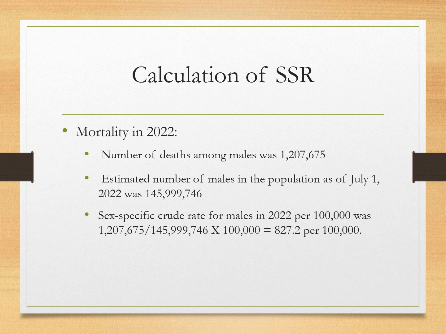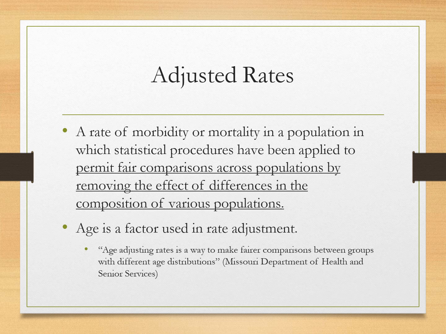So if you use the right formula, your SSR is supposed to be 827.2 per 100,000.